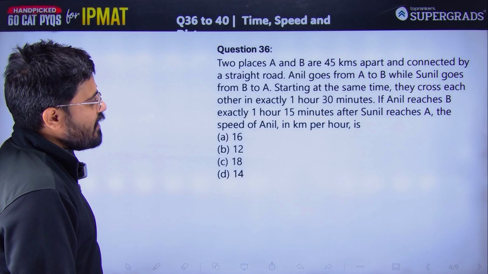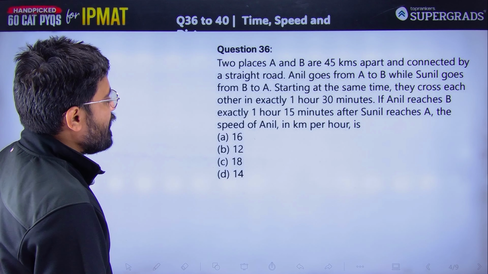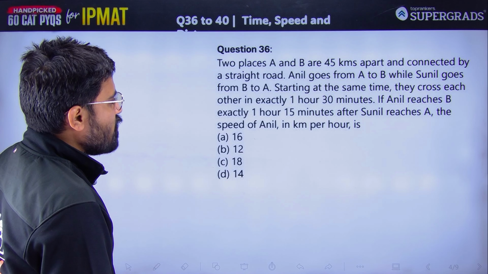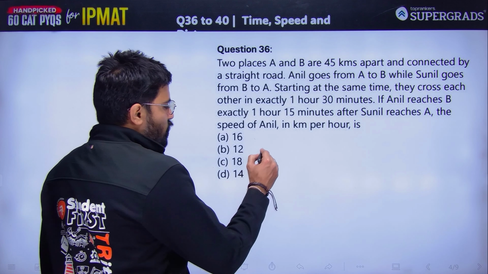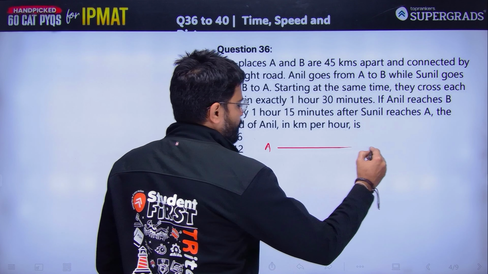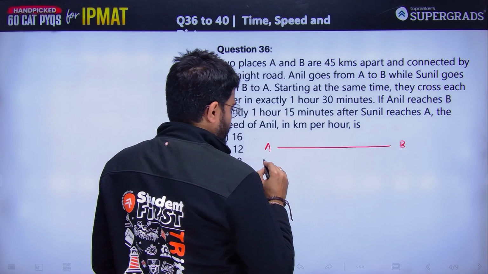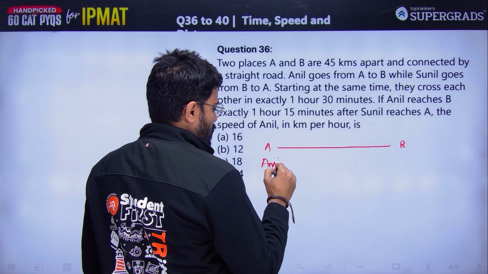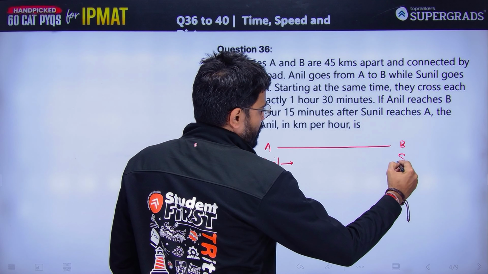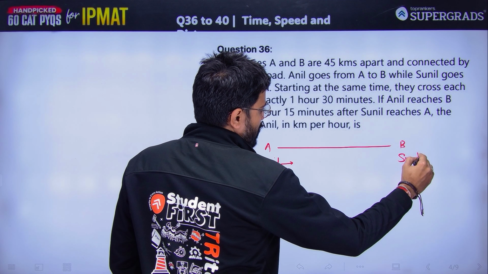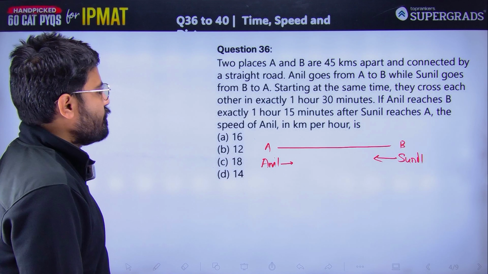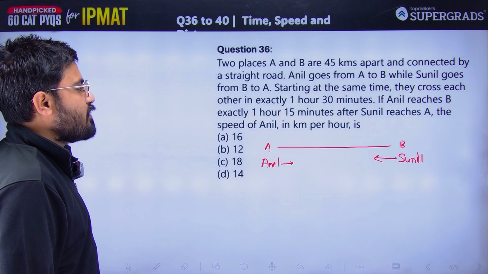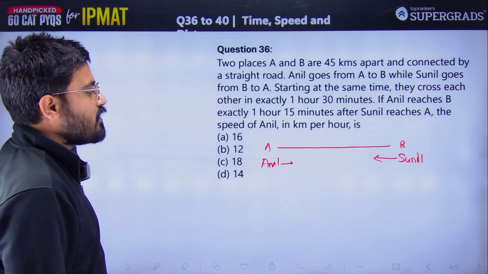Two places A and B are 45 km apart and connected by a straight road. Anil goes from A to B while Sunil goes from B to A. Starting at the same time, they cross each other exactly 1 hour 30 minutes later.